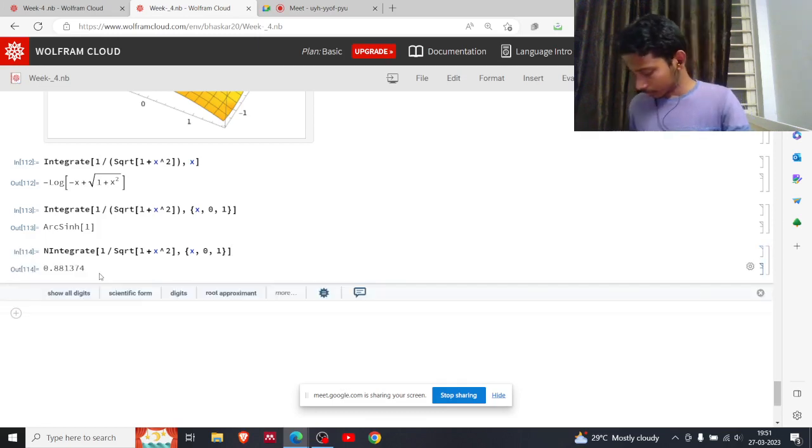So this is the answer 0.881374. Numerical integration is used when the integration of a function is not very easy. Only then is numerical integrate used. So it gets the value of the integration at each point.